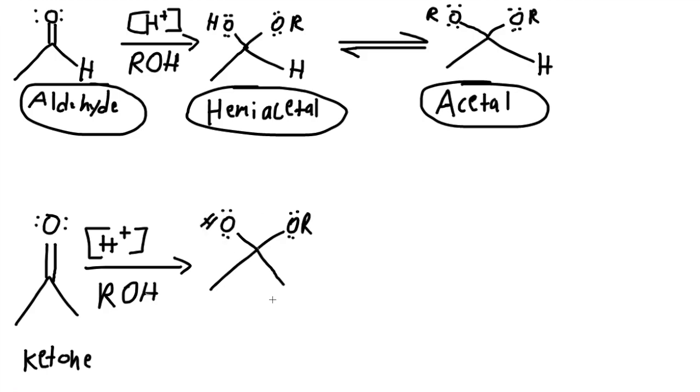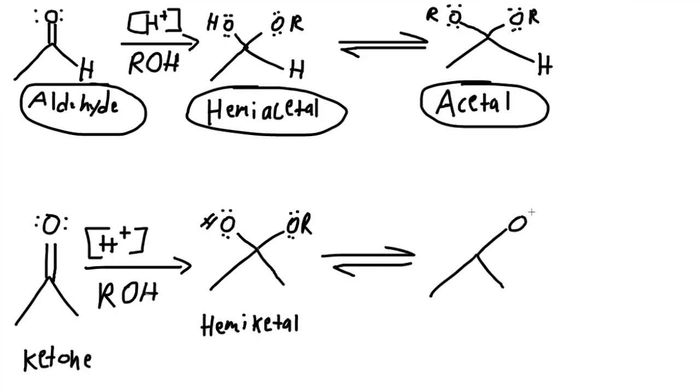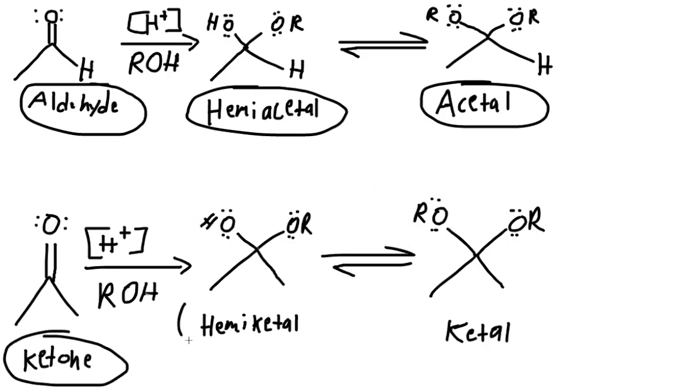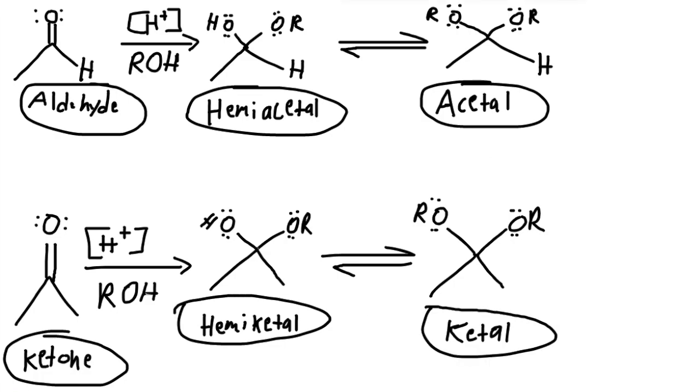This is called a hemiketal, half of a ketal. If we keep going forward, we get the same structure, but with OR and OR. So we went from an OH to an OR, and this is called a ketal. So you can see the difference here. We have aldehyde, hemiacetal, acetal, ketone, hemiketal, and ketal.